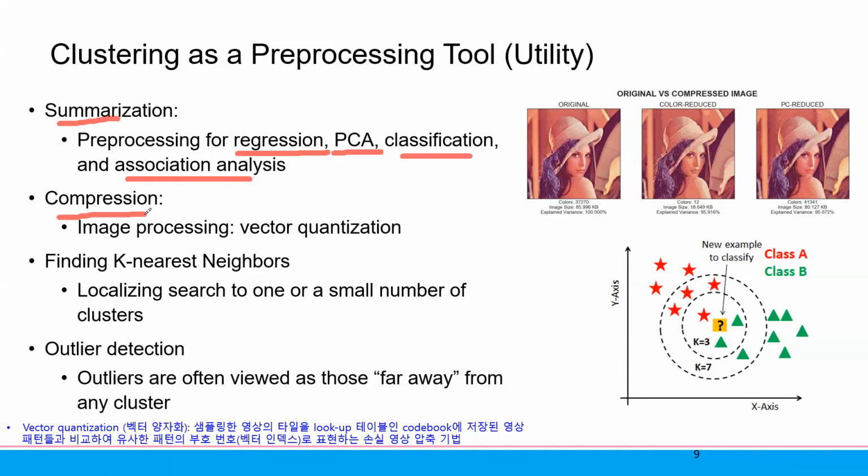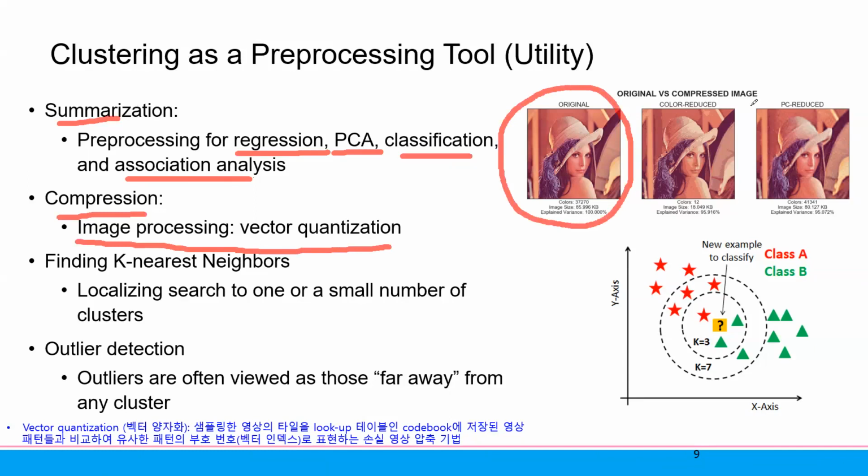Compression. We can use clustering to compress the data. So let's say you have a picture, maybe you want to analyze the picture, but the picture is very huge in size. So you want to reduce the picture size, so we can use clustering. Here we have image processing with vector quantization.